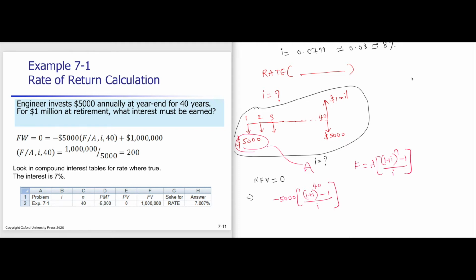That is negative. And at the end of the 40th year, he's getting $1 million. So the future value of 1 million is basically positive 1 million, which is 1,000 and 1,000. So this is net future value, and that should be equal to 0.